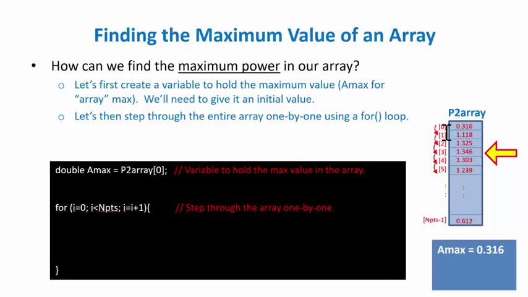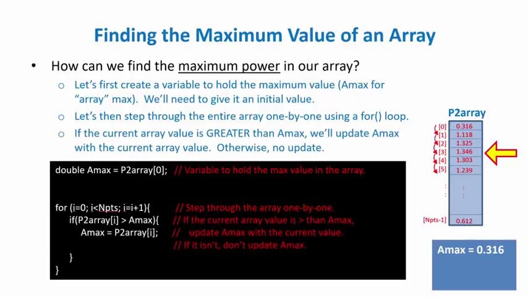We'll just do a little for loop, and we'll walk through all the indices within this array and look at all of the values. Then we can make a decision based upon the current value we're looking at and figure out if it's the highest one. So we start by initializing A max to a value. It doesn't really matter what the value is, but it does matter that it's one of the values within the array.